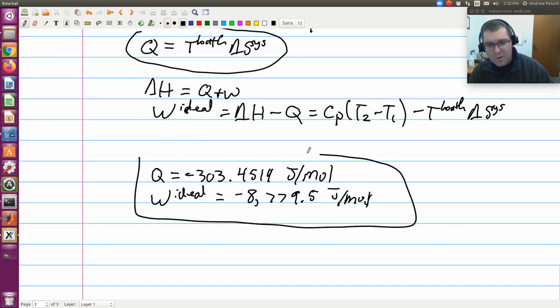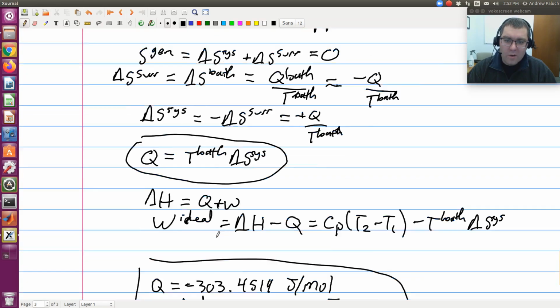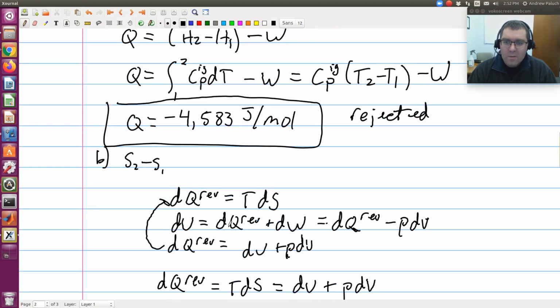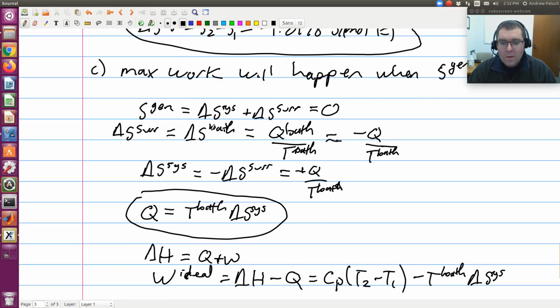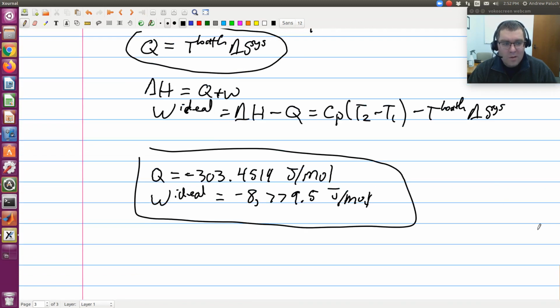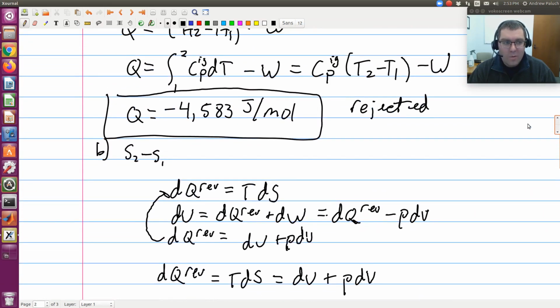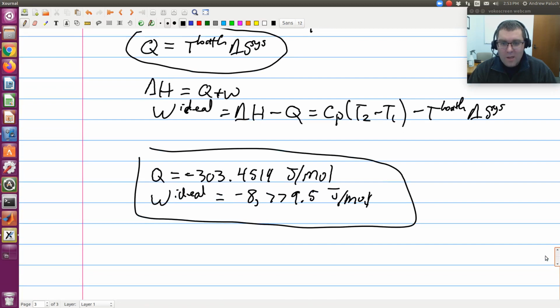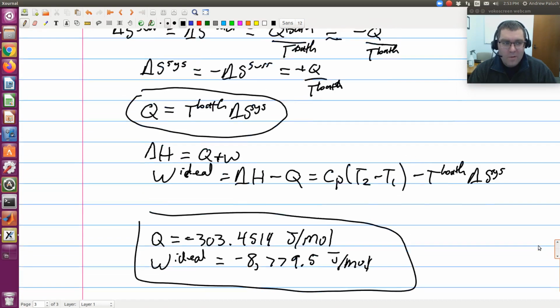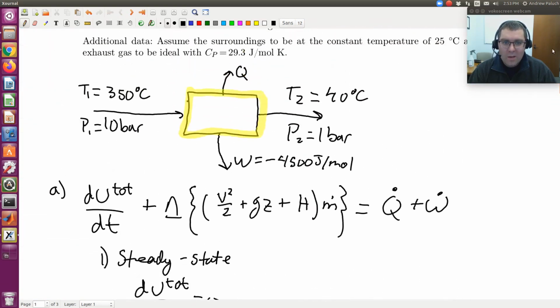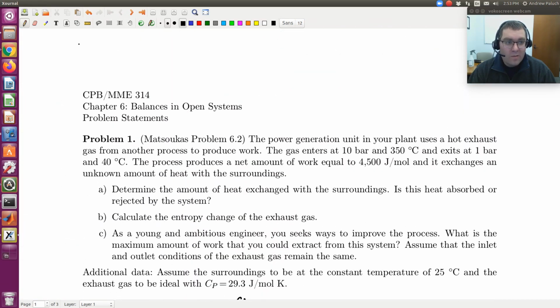Now if we compare to our initial value, Q is our heat rejected. Before we were rejecting 4,600 joules per mole. So the heat rejected is a lot smaller: before negative 4,600, now it's just negative 303. For W ideal, now it's negative 8,779, and the problem statement was just 4,500.